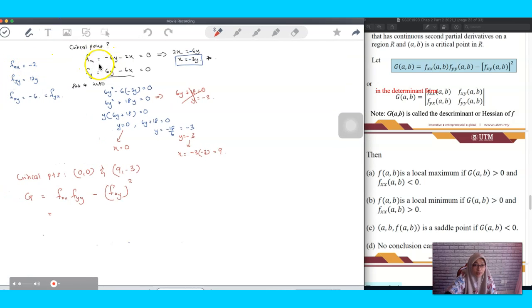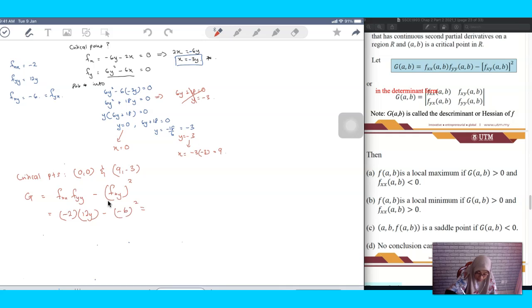So we differentiate f with respect to x, so this one just becomes minus 2, and differentiate with respect to y, so this one becomes 12y, and then we differentiate x with respect to y, and we have minus 6. Or you can also differentiate y first and then with respect to x, so you will get minus 6 as well. Now by using this, we plug into the g formula, so you will have minus 2 times 12y minus 6 squared. Then you will have minus 24y minus 36.